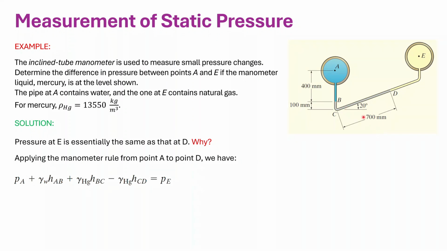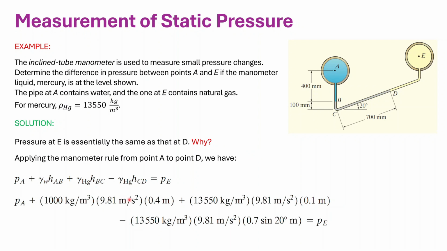So what you have to do is to multiply this number, which is the length of the tube, by sine 20 degrees. By doing that, you get the vertical distance. It's negative because we are going up, pressure decreases. So that equals P at point D, which is also equal to P at point E. If we just plug in the numbers, we get PA minus PE, which is the pressure difference, equals 14.6 kilopascals.